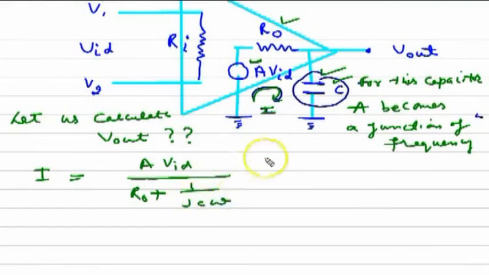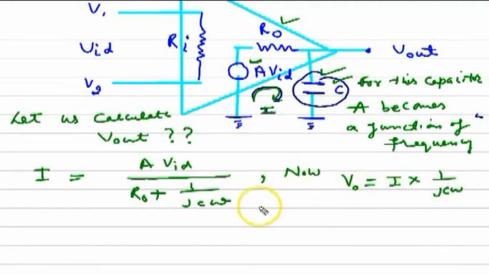Now this current is responsible for a voltage drop at the capacitor, and V naught across the capacitor, which is also the output voltage, becomes the current into 1 over jC omega.